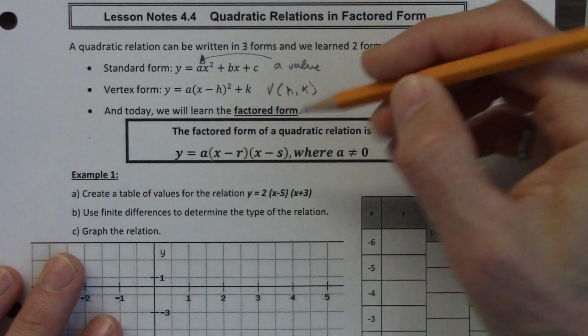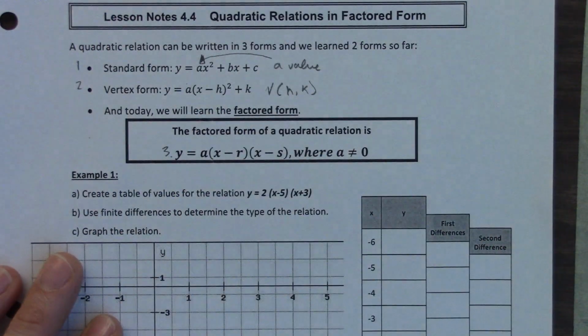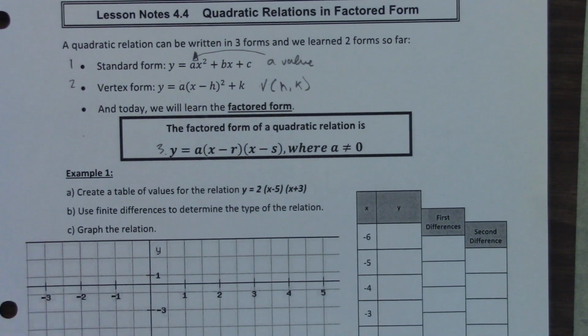Let me ask a general question now. So now you have learned three different formulas. What are those three formulas telling you? What is it for? Alan? Yes, it's for parabola.